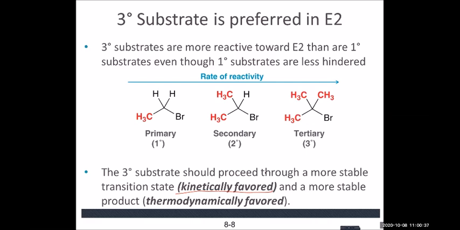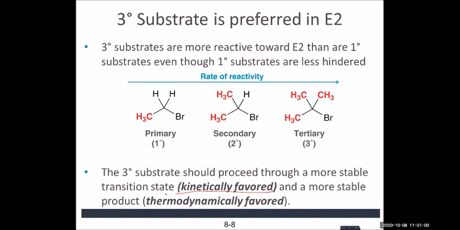But in this chapter, we actually do not really ask you to memorize which reactions are kinetically or thermodynamically favored. But for the tertiary carbon losing the beta hydrogen, it has both a lower activation energy and a lower free energy of the product.